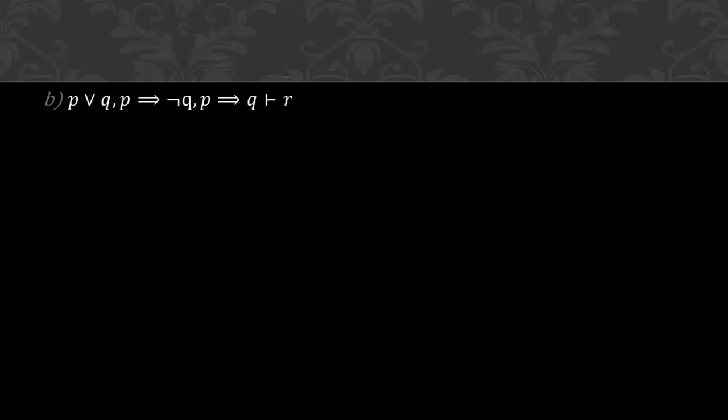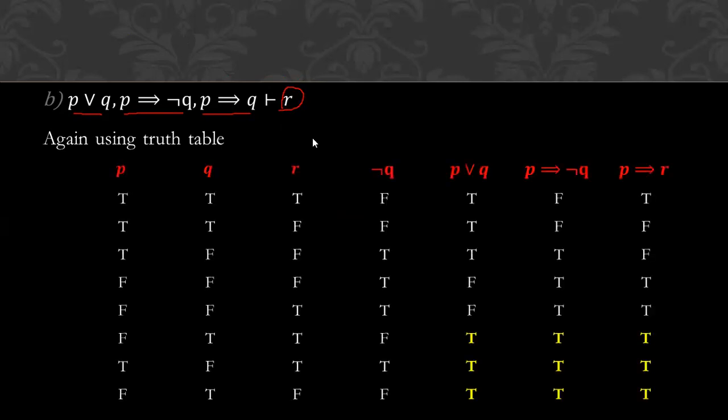Okay, let's proceed to the next example. The second example is this one. Like the first one, the first premise is P or Q, the second is P implies negation of Q, the third is P implies Q, and the conclusion is R. So this argument contains three premises and a single simple statement as the conclusion, R. After differentiating the premises and the conclusion, the truth table will look like this one.